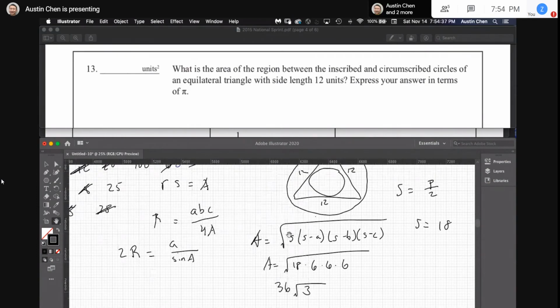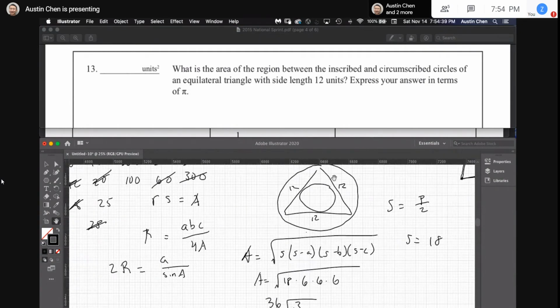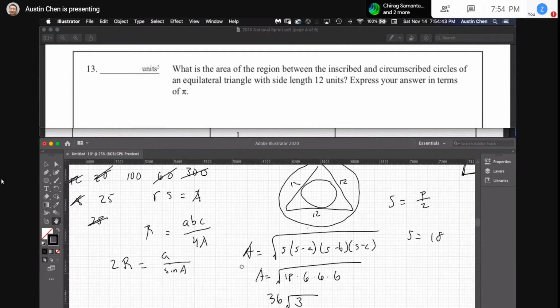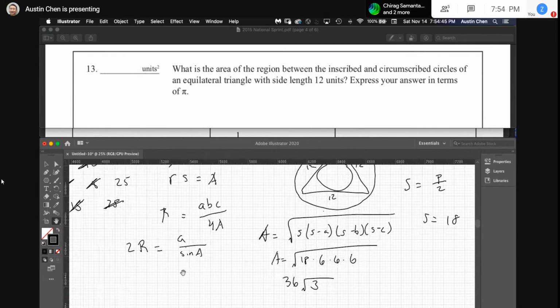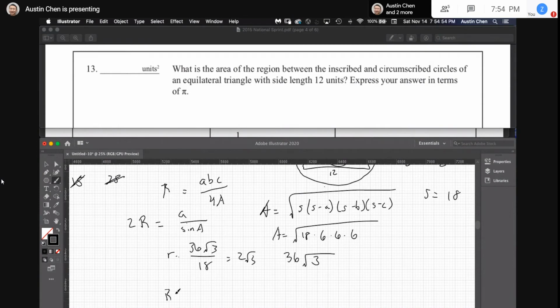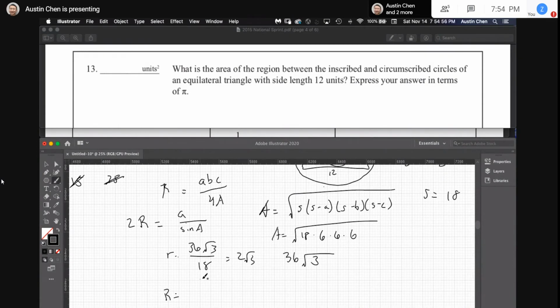And you don't have to use this formula here. It's an equilateral triangle, so you could figure out the area in other ways as well. And then the inradius is just 36 root 3 over 18, so it's 2 root 3. The circumradius will be 12 cubed over 4 times 36 root 3.